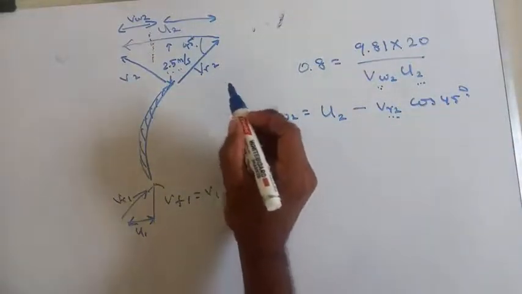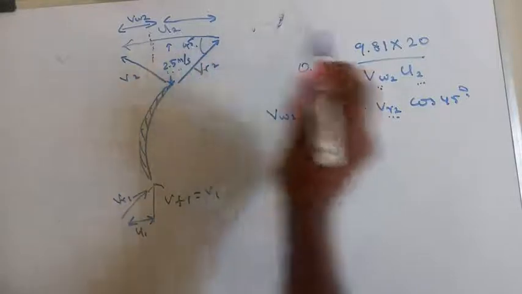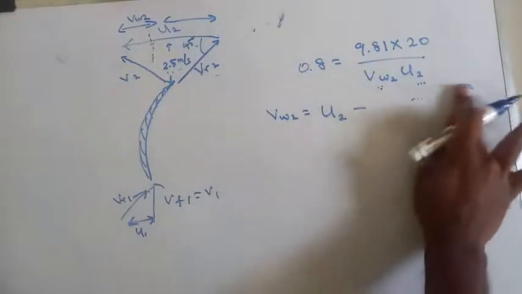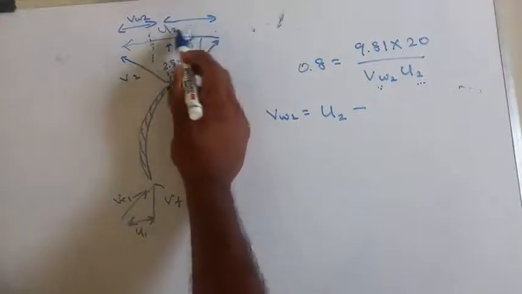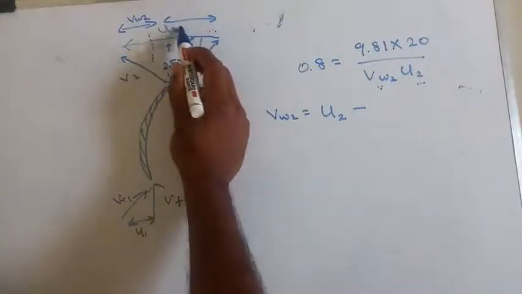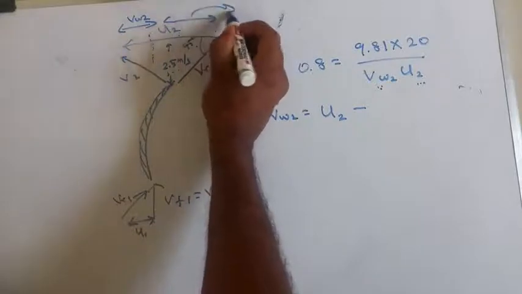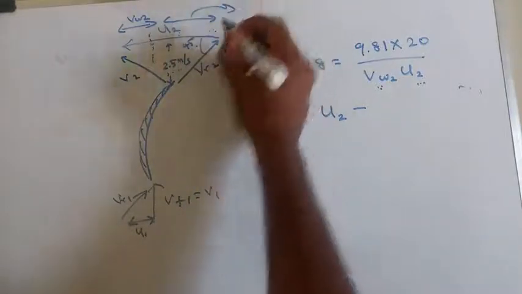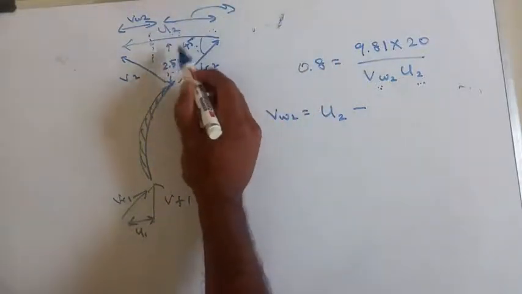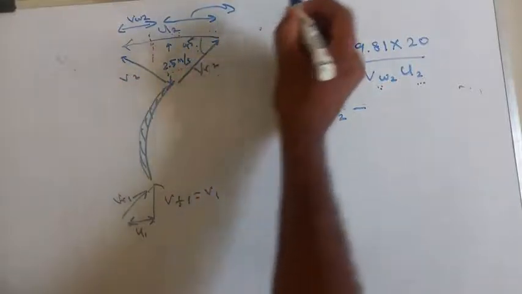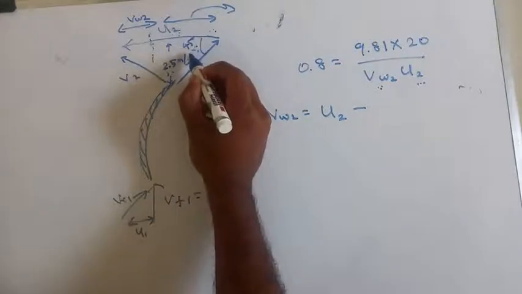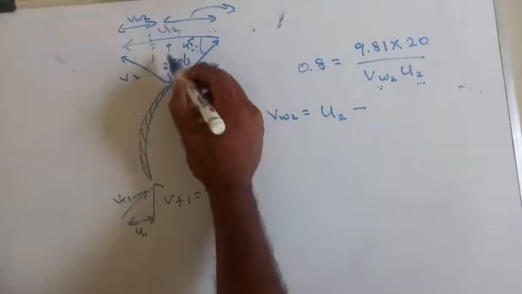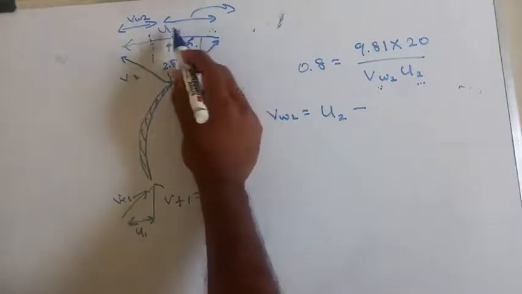I know what VR2 is. If I take this, this is the opposite side and this is the adjacent side. So tan 45 is equal to opposite side by adjacent side. If this is 2.5, this value will also be 2.5.